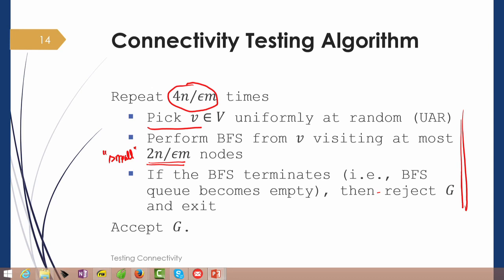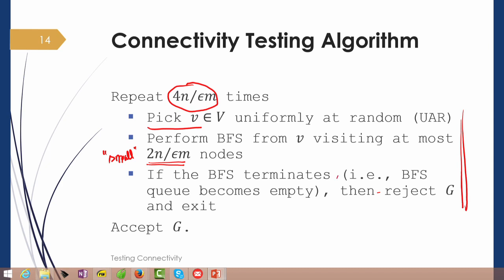If the BFS terminates, that is, if the BFS queue becomes empty, that means we have actually reached a small component, in which case we will reject G, because we now know that the graph G is disconnected.